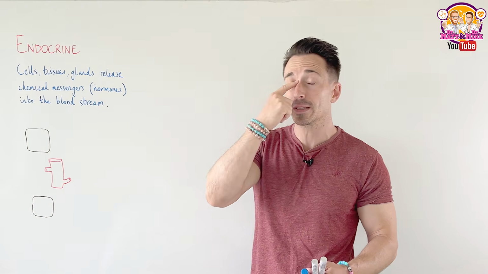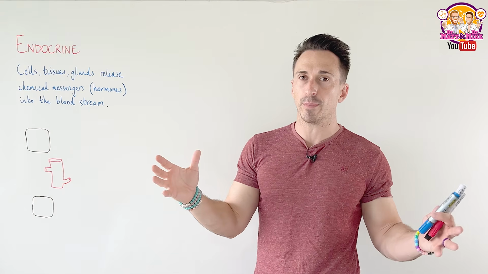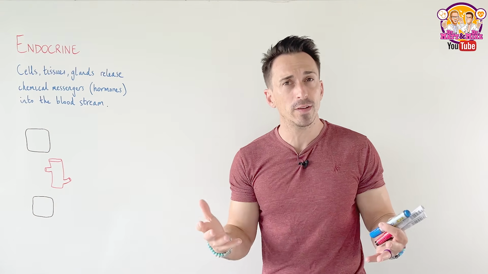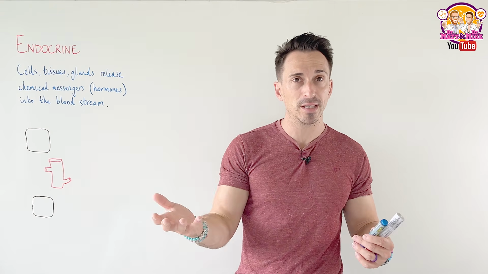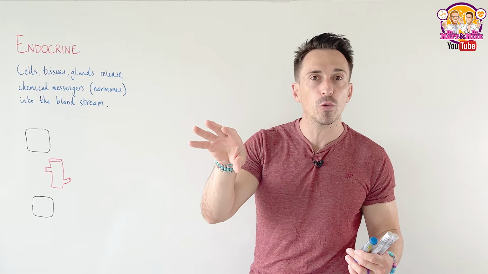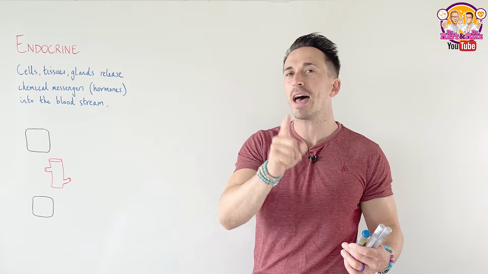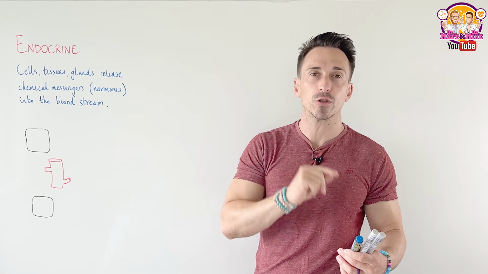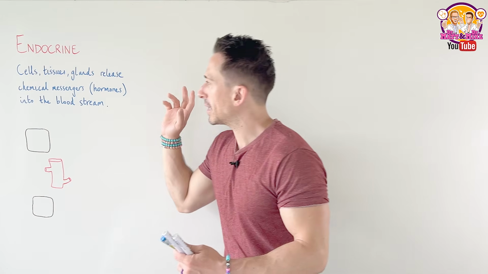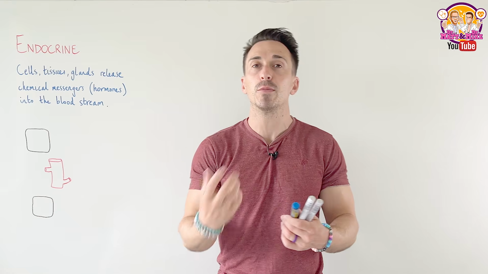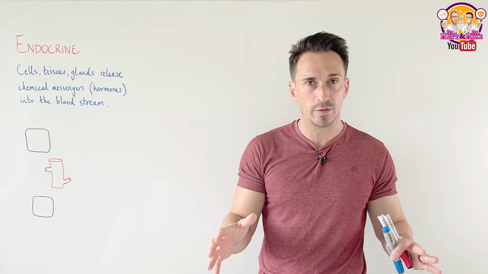That's important because there are many chemical messengers of the body, and we know that the nervous system has chemical messengers that it releases from neurons that target tissues directly, and they aren't called hormones, they are called neurotransmitters. So it's important to understand this because the endocrine system is a communication network, and so is the nervous system.